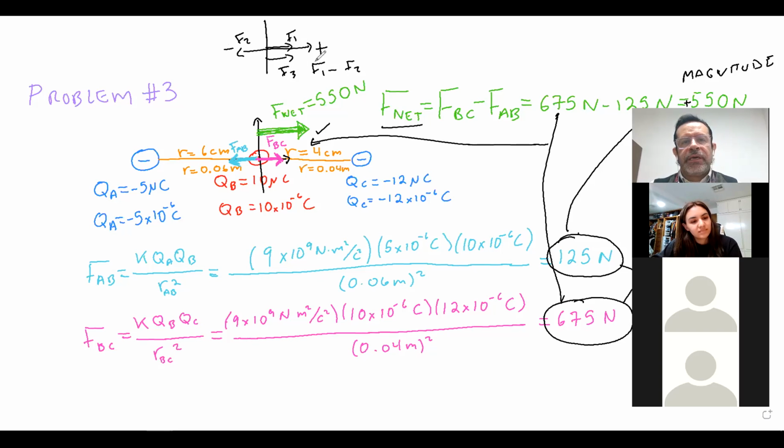Then the expression would be F1 plus F3 minus F2. The sign is going to be according to the direction of the force. So that's why I mentioned that when we're using Coulomb's law, what we're calculating is the magnitude. Okay. It's the value. Once we put the forces in the free body diagram, we're going to know if they're positive or negative, depending on where they're pointing. Okay. Got it already. Thank you.